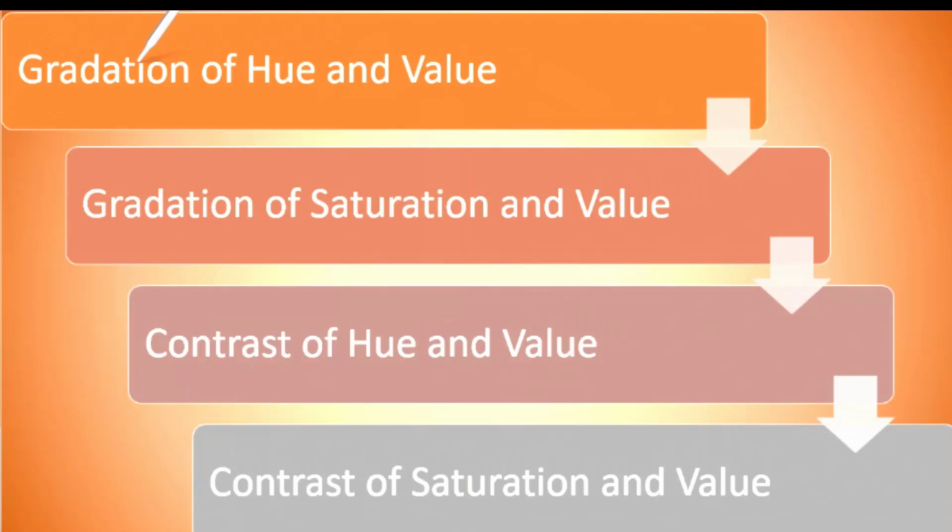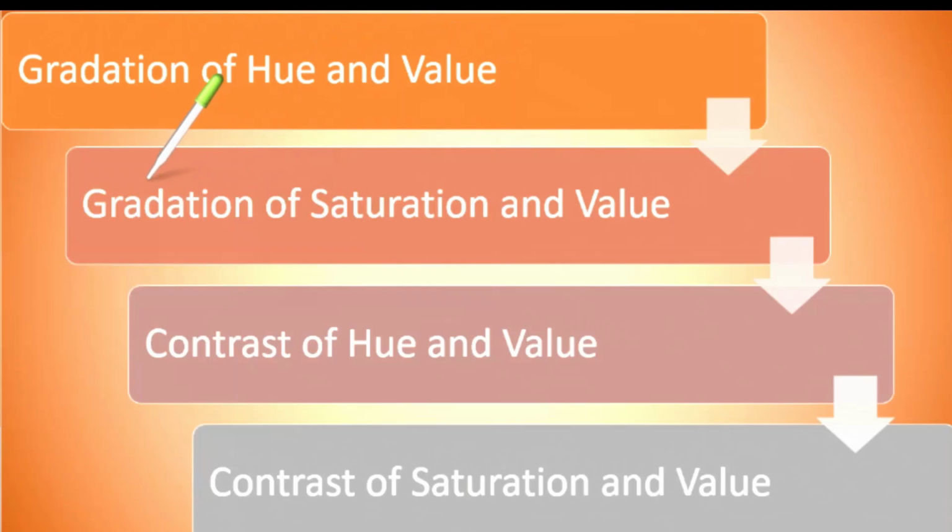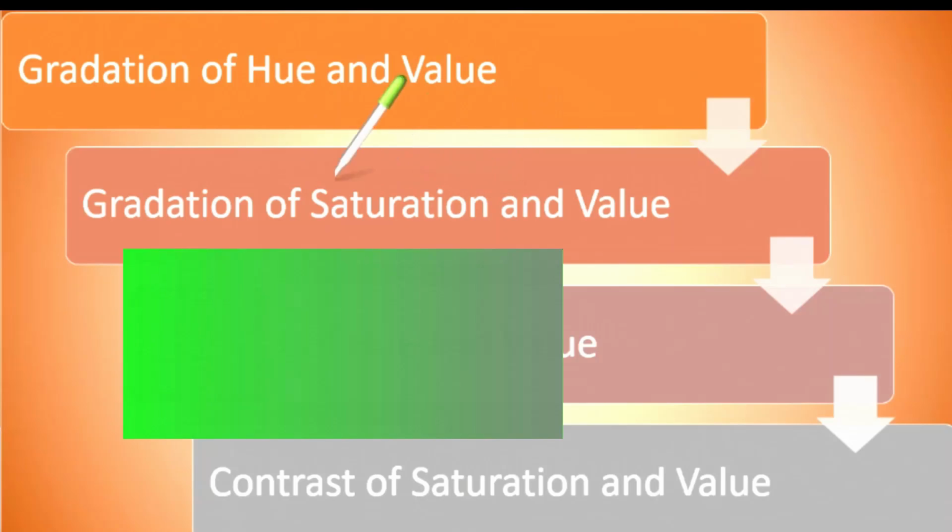When we say gradation of value of any hue, we mean the gradation of that hue getting lighter or getting darker. When we say gradation of saturation of that hue, we mean the gradation of the percentage of saturation. And then with each saturation, it can be gradated in every value, from dark to light or light to dark.